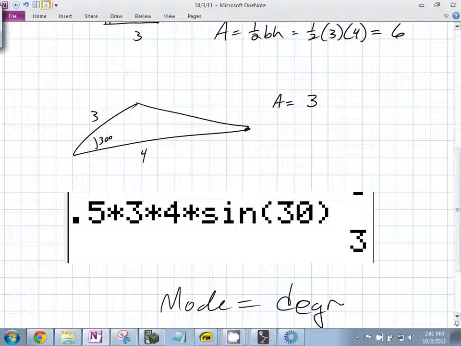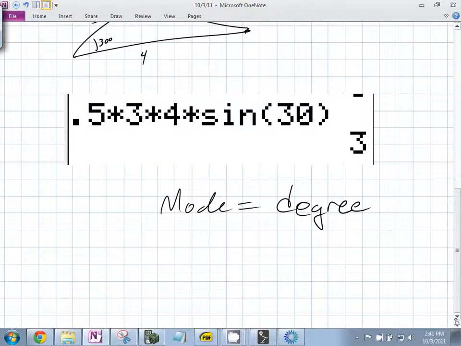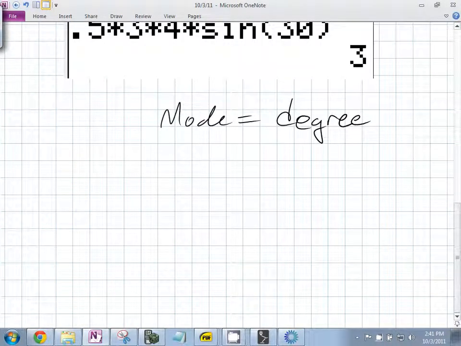So, I just told you the area of a triangle is 1/2 AB sine of the internal angle. See if you can use that information to generate a formula for a regular n-gon, where n is the number of sides and s is the side length.